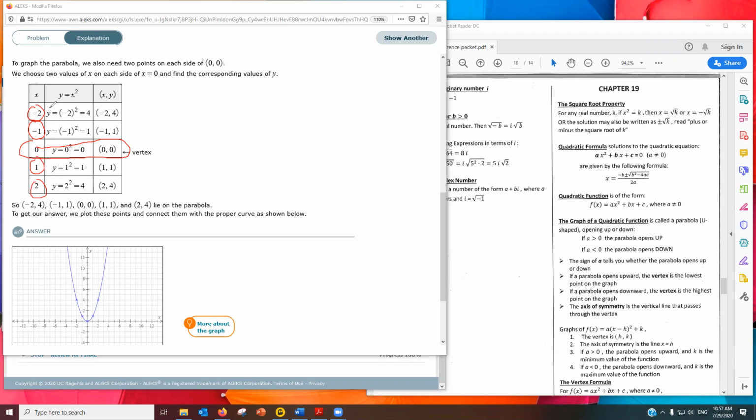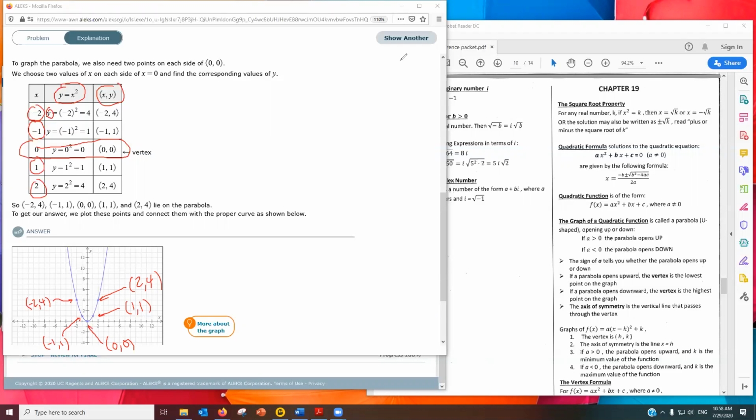To work out the corresponding y value, take the given x value, plug it into this function. That's going to get you these xy points. Now you go plot the points. All right, here is -2, 4. Here is -1, 1. Here is 0, 0. Here is 1, 1. And here is 2, 4. So you'll plot these points on the coordinate system, and then ALEX will draw the curve for you. Okay?